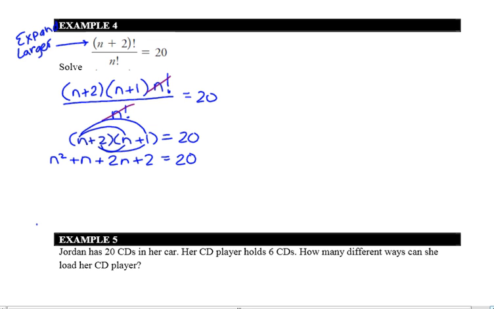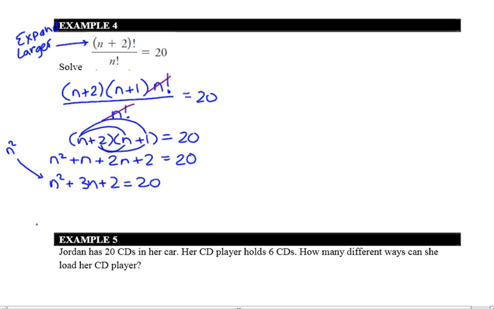Okay, what can we combine? The n's. Now what? Where do we go next? What, Brad? Well, whenever we have an n squared, you want to bring everything to one side.